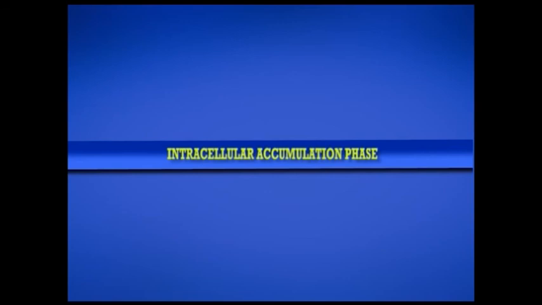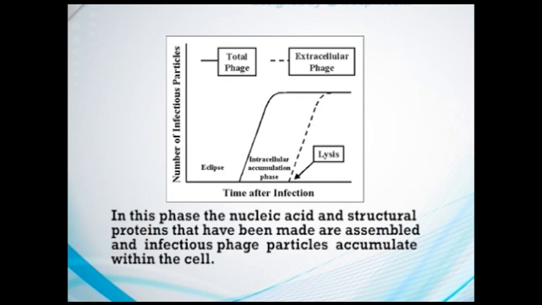Now we'll see the intracellular accumulation phase. At the end of the eclipse period, mature phages begin to accumulate intracellularly until they are released by cell lysis. In this phase, the nucleic acid and the structural proteins that have been made are assembled and the infectious phage particles accumulate within the cell.